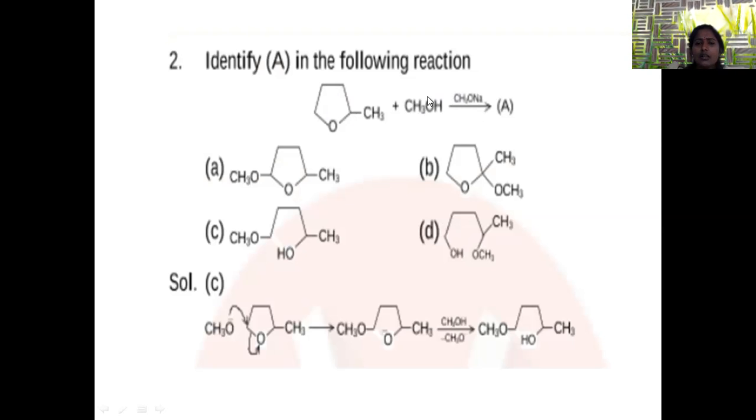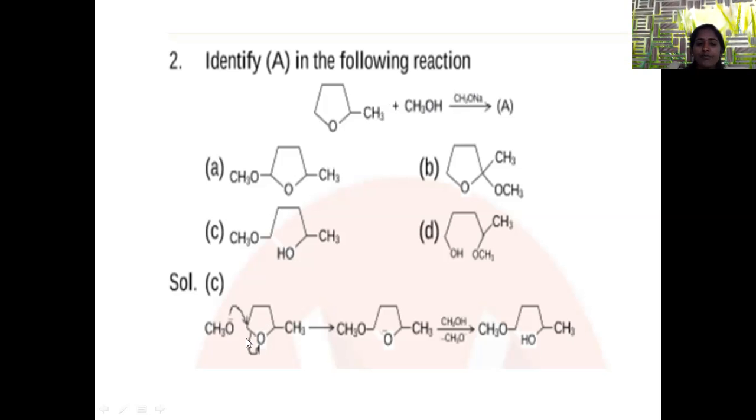Actually, in normal conditions, this reaction leads to substitution, but in this case, a ring opening type of reaction is possible. Here, methoxide will attack the carbon and cleave this ring. This methoxide will not attack from this end because a sterically hindering group is there. Hence, this methoxide will come from the back end with respect to the methyl. So the cleavage of the carbon oxygen bond of the ring is possible.